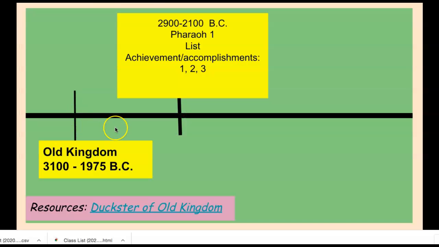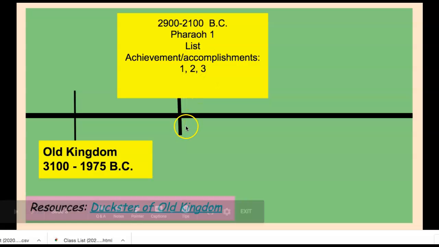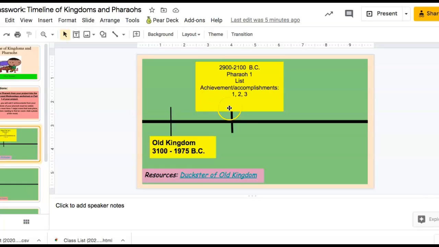So here's an example. Here's your old kingdom here, time frame. And let's say my pharaoh 1 was during this time frame, the old kingdom. So I'm going to go ahead and create a line here by clicking on this line icon and the text box.